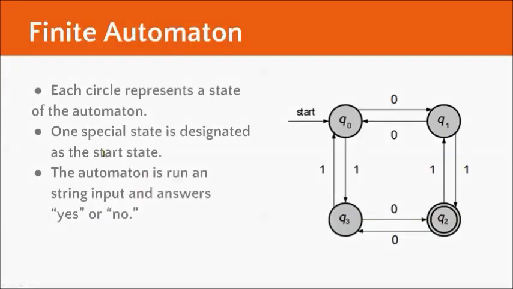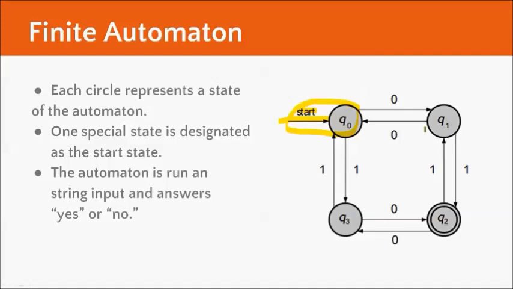So, finite automaton. This is an example of the finite automaton. Each circle represents a state of the automaton. One special state is designated as the start state. The automaton is run on a string input and answers yes or no. Let's discuss this finite automaton. This is the starting state, because as you can see here, there is an incoming arrow that indicates the word start.